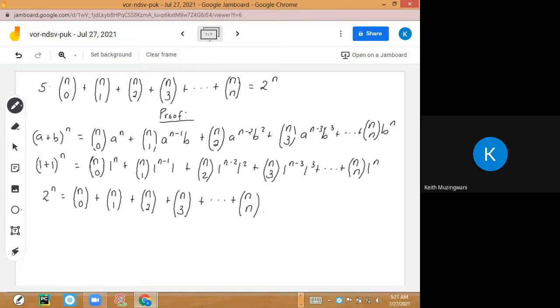What can make you think of 1 and 1 is when you go to the theorem, you look at the way it is structured and compare it with your question. Our theorem would have been the question, except that where we have a plus b, there is 2 that side, and the power is n.